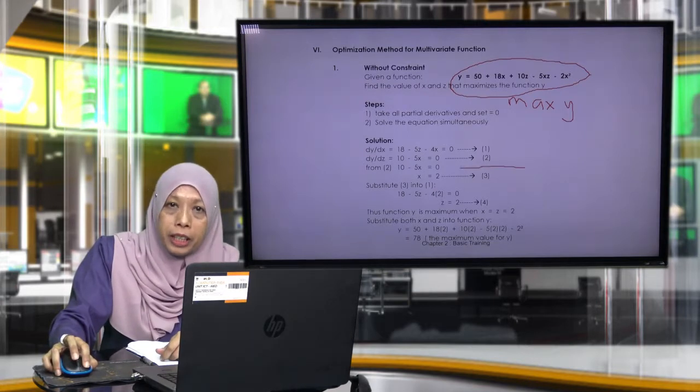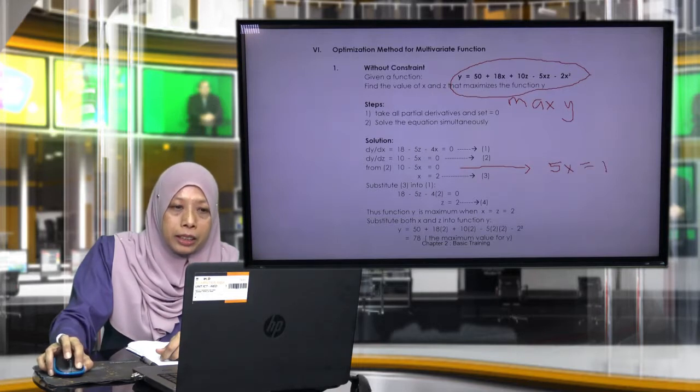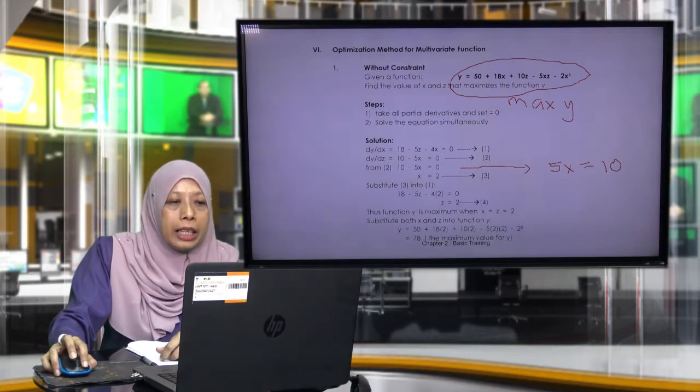You can simplify it further into 5x equals 10, isn't it? So when you solve this equation, you're going to end up getting x equals 2.